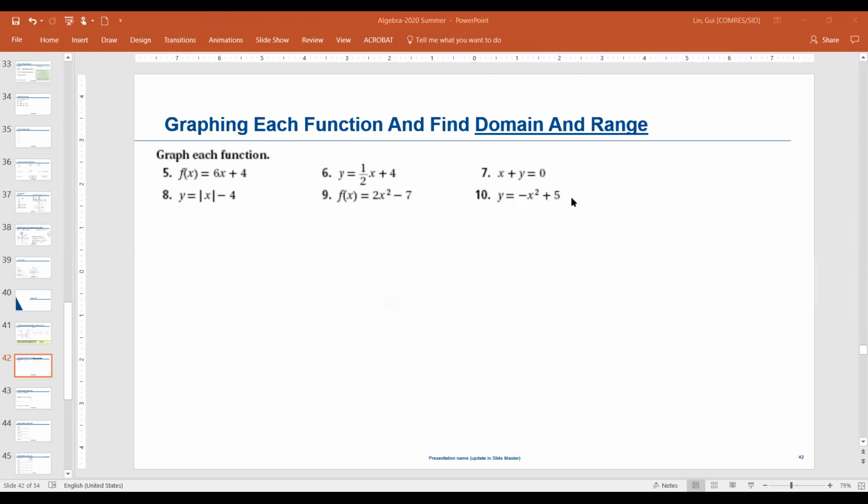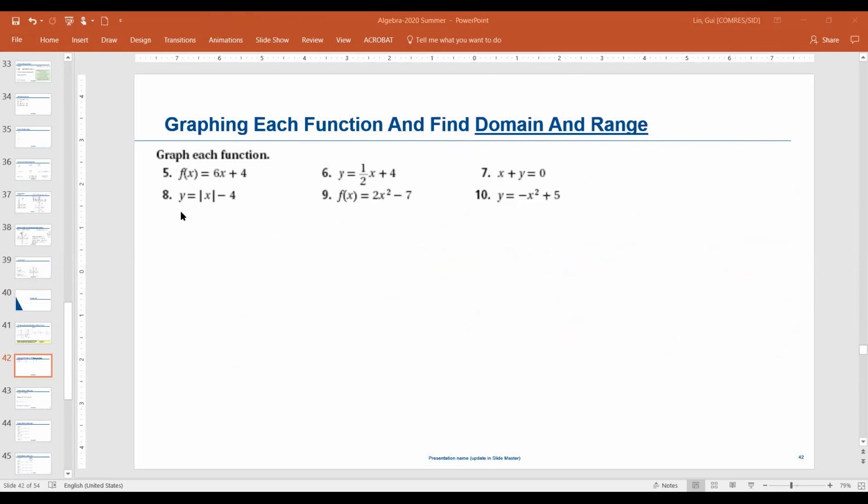My homework for this part today will ask you to graph this function and find the domain and the range, just like we talked about with the linear line, where x is from negative infinity to positive infinity.